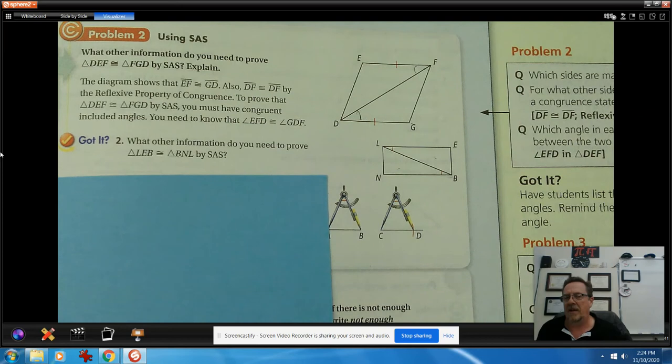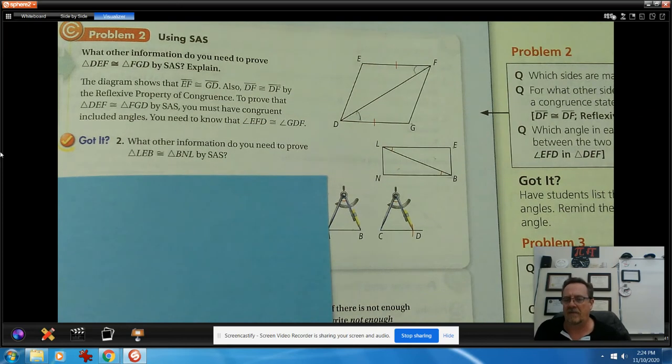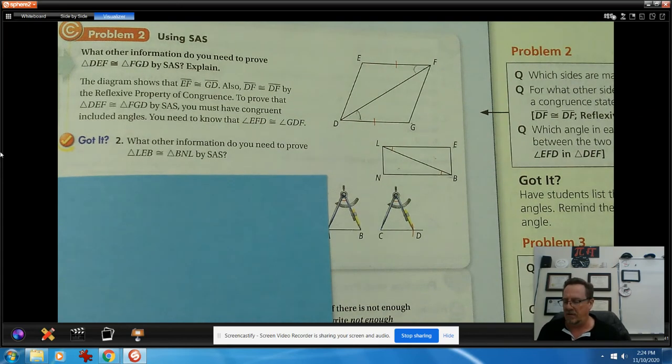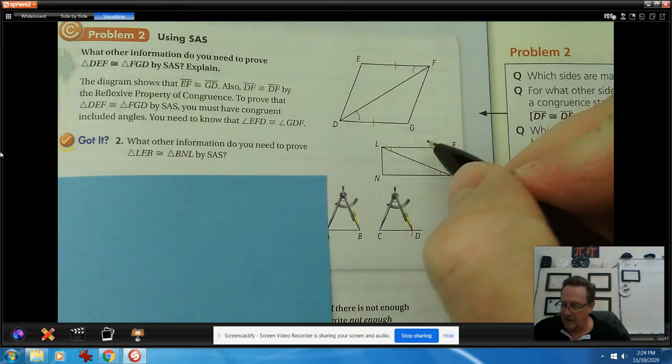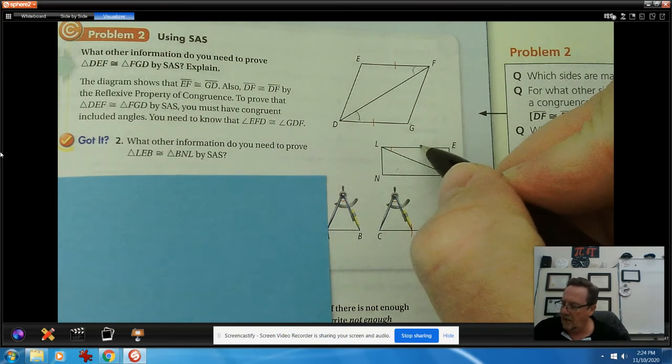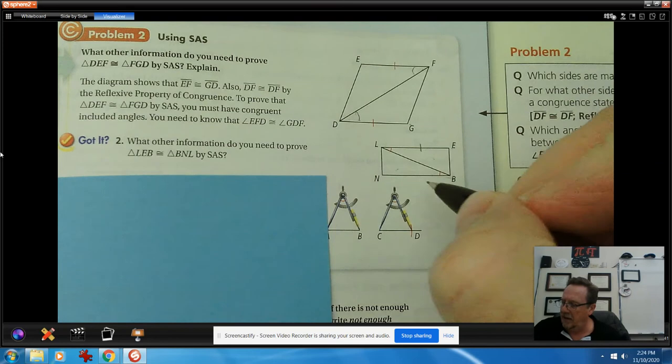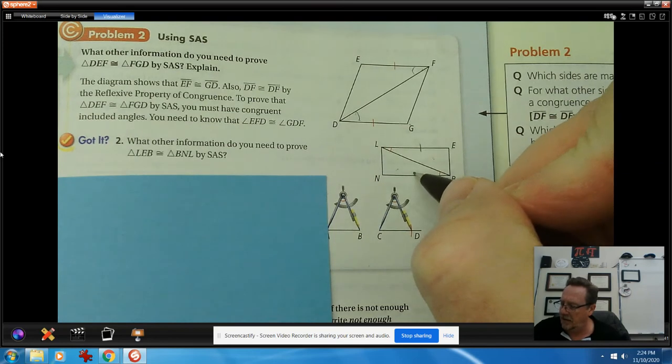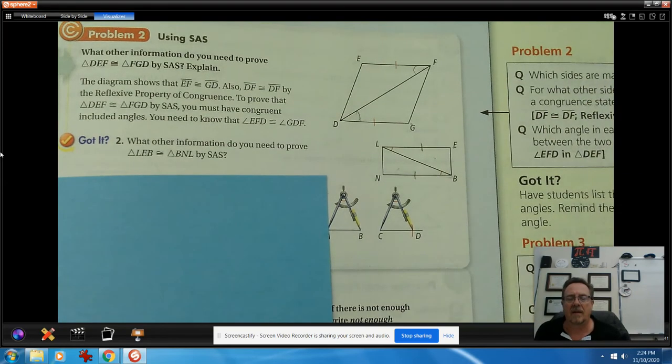Remember that side angle side requires that you have the angle that's between the two sides. So I would need to know that side LE is congruent to side BN. I would need to know those two sides are congruent, right?